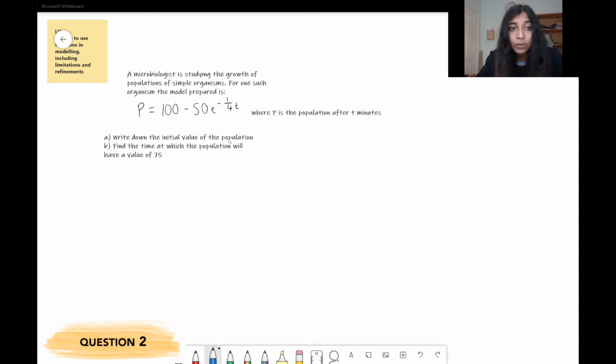And the first thing we want to do is write down the initial value of the population. So the initial value of the population would just be when the time is 0 because it's starting, so when t is 0.